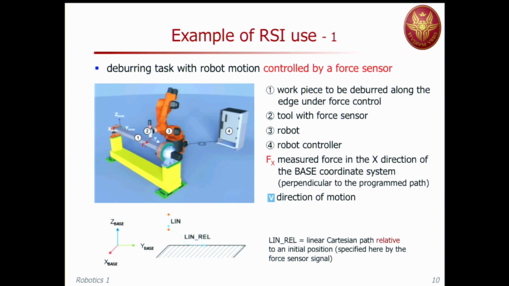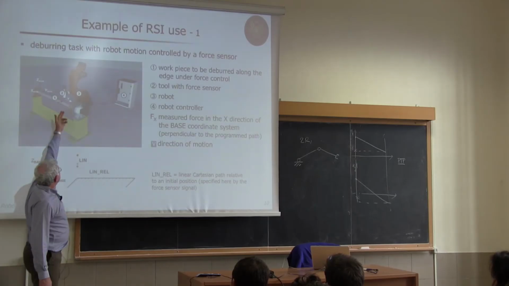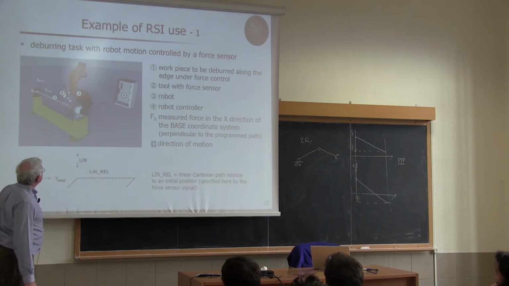So there's a tool and there's a force sensor. The force sensor may be an ATI device, some external thing. It's not produced by KUKA. It's something that needs to be interfaced from the outside. It's not something that you can embed. So this is mounted at the wrist or close to the tool.